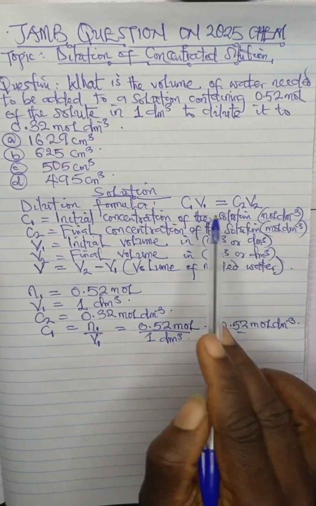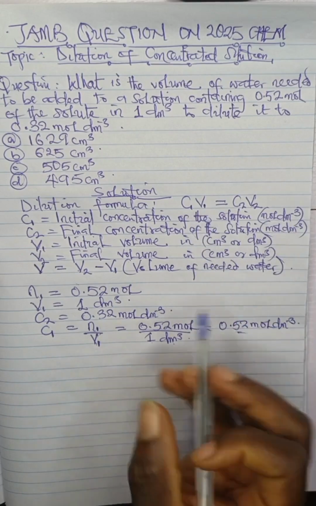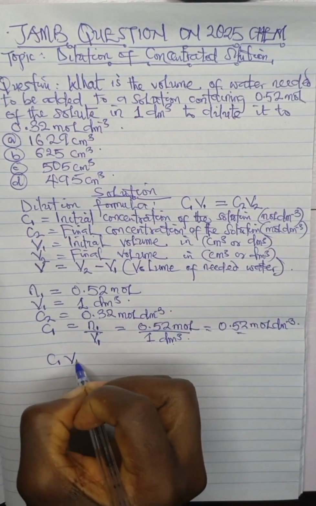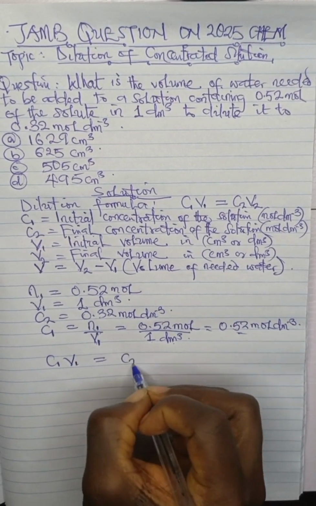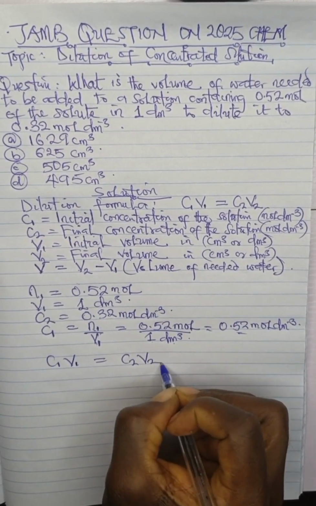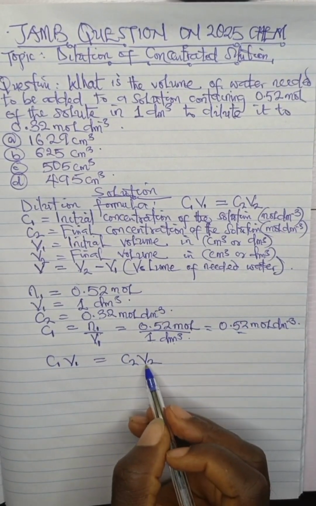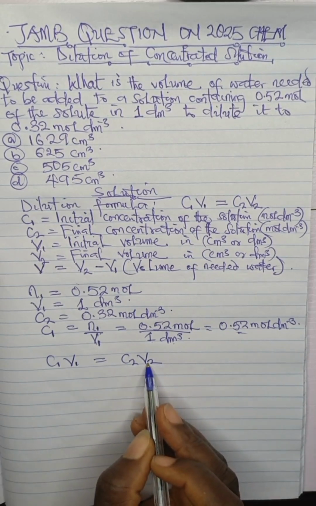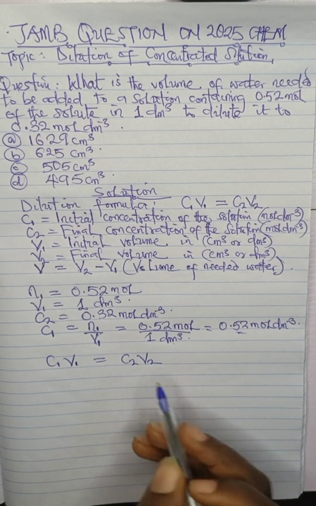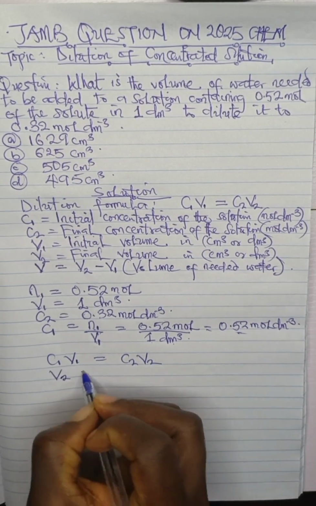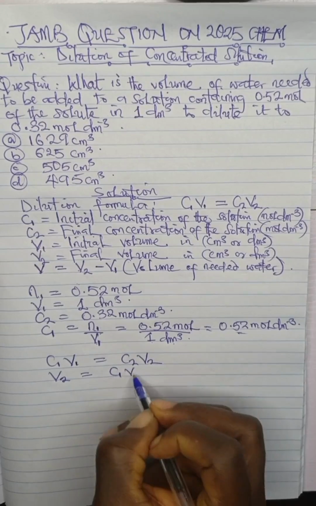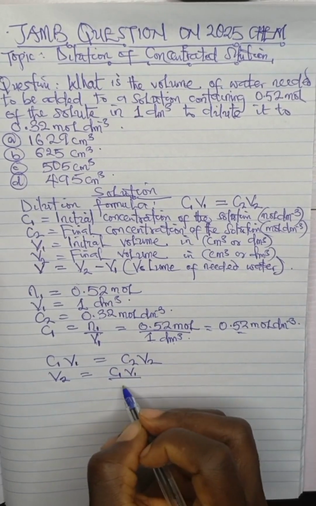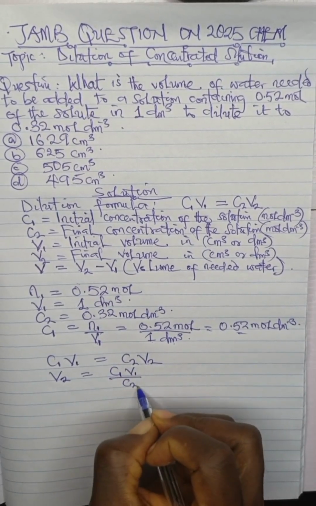Now, employing the dilution formula, C1 V1 equal to C2 V2, we are to get the value of V2. So we make V2 the subject by dividing both sides by C2. So we have V2 equal to C1 V1 all over C2.